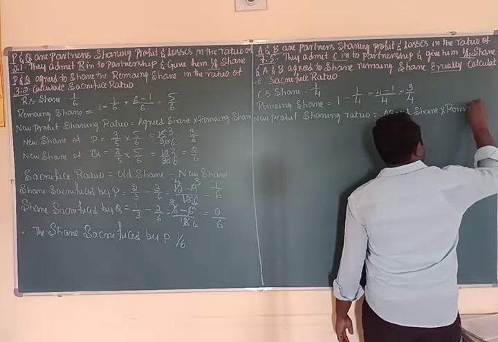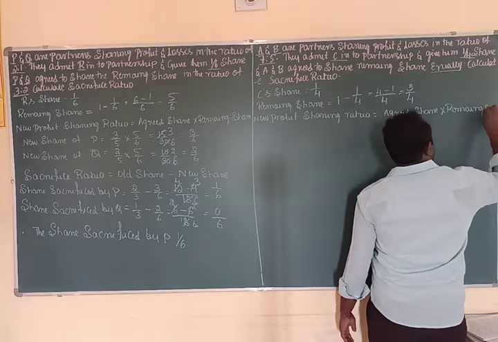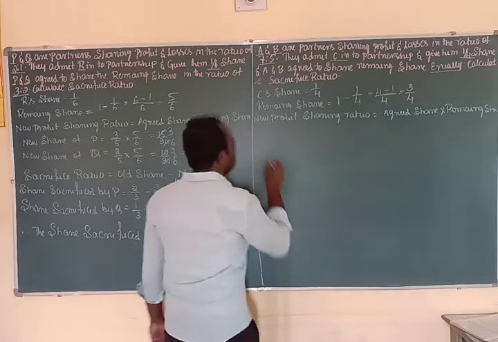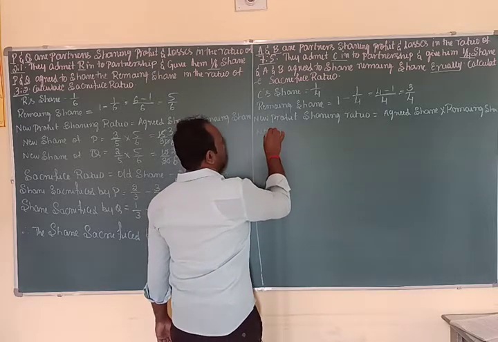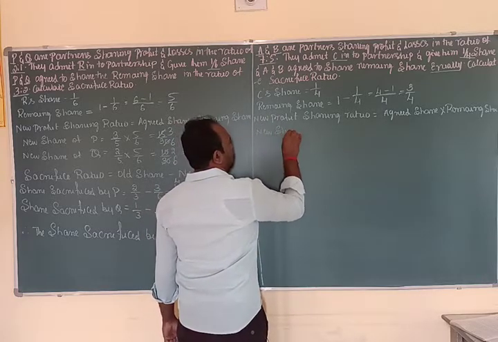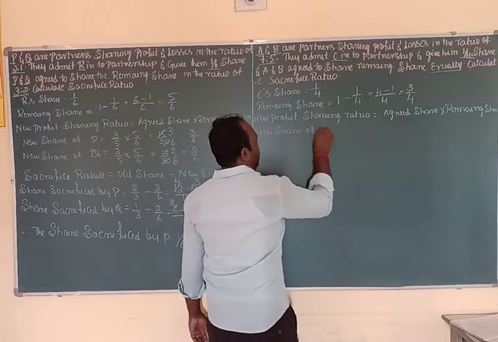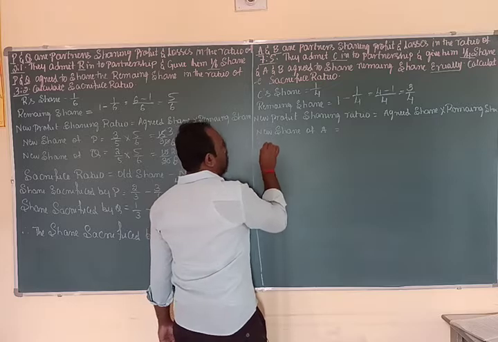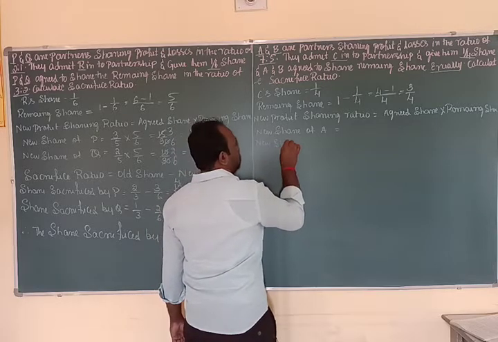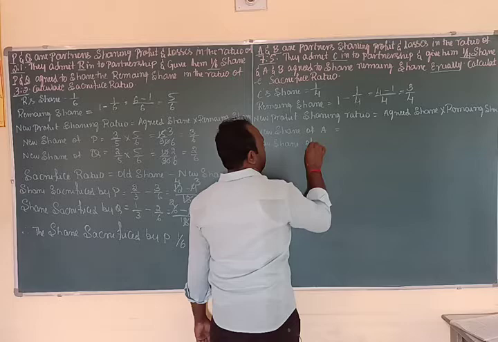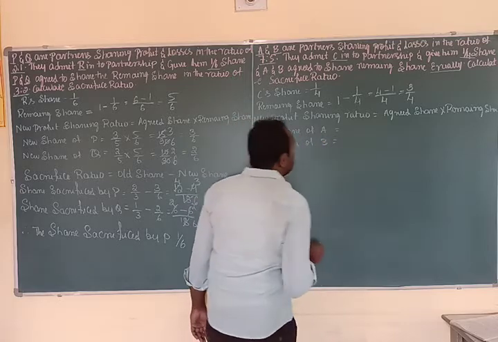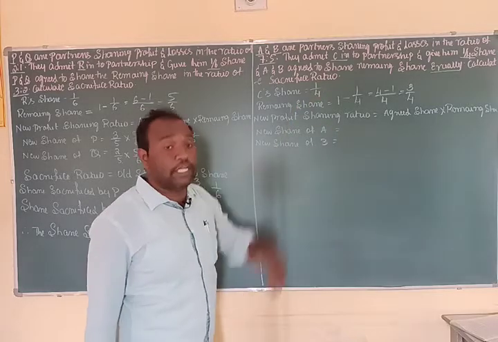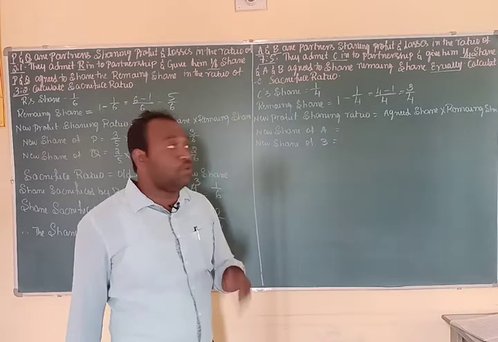Here the new share of A, next the new share of B. In this case, we take the agreed share equally, nothing but 1:1.